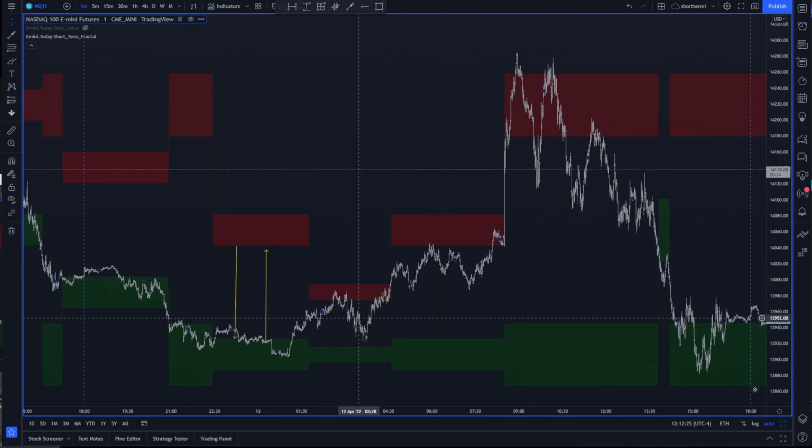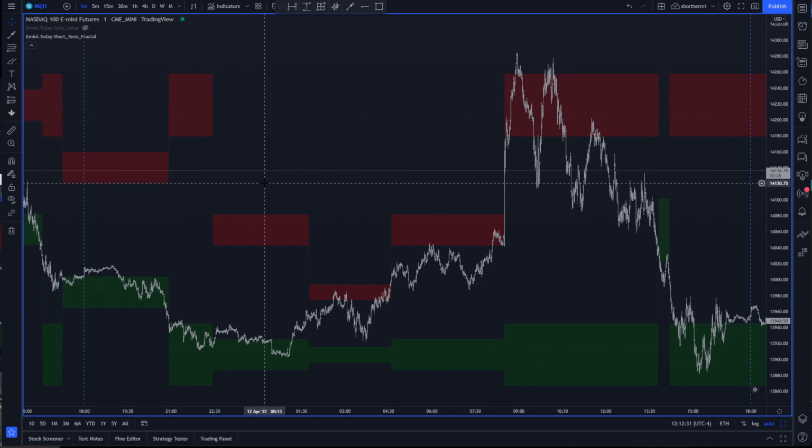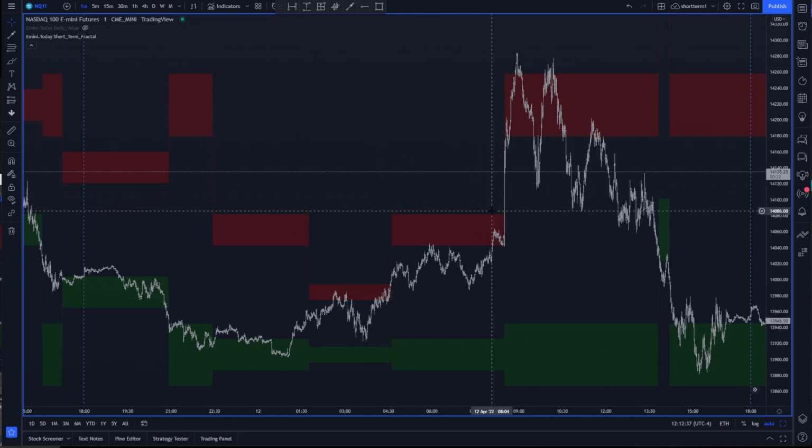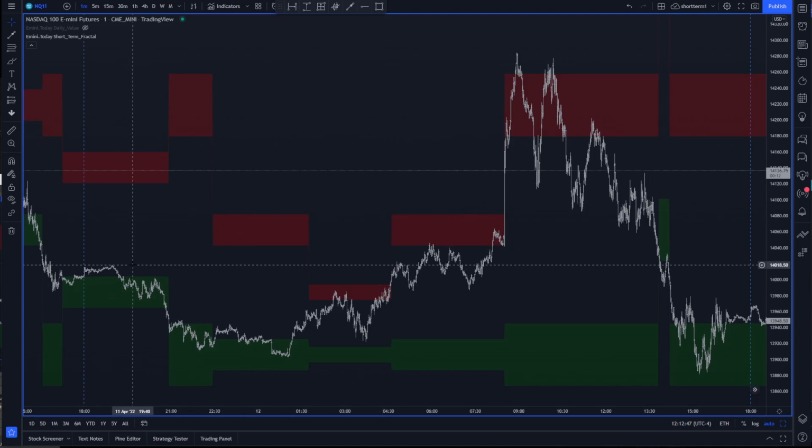And this is basically the logic, part of the logic behind how this is being calculated. It is based on some historical deviations of the price and its volatility.